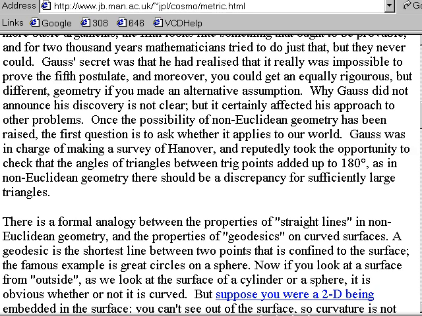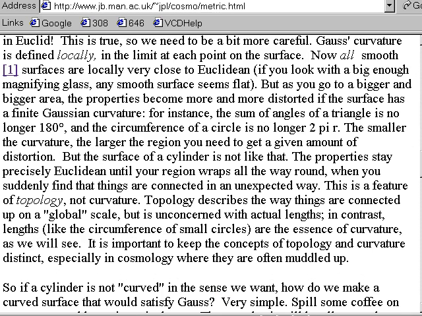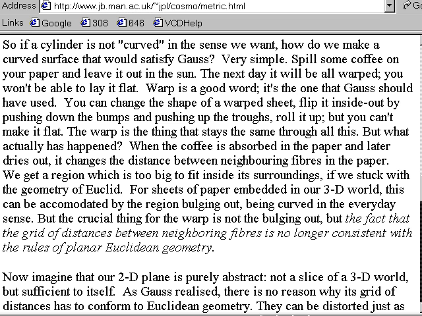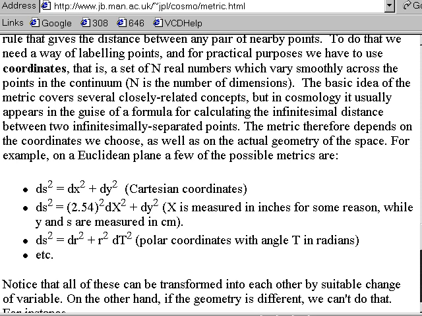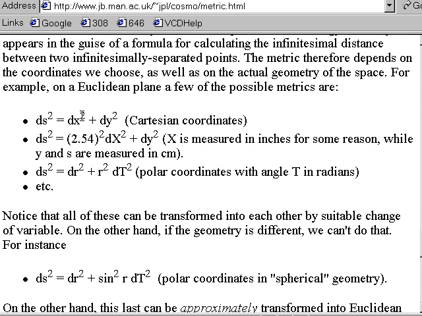Now we've already talked about how an ant would measure the curvature. There's a link here on, again, metrics and curvature of space. And this talks about the parallel postulate and the link to Euclid's 5th postulate and the existence of other kinds of spaces. Now these are examples of metrics. The normal Pythagorean theorem metric, the Euclidean metric, just says that your distance in 2-dimensional flat space is delta x squared plus delta y squared.